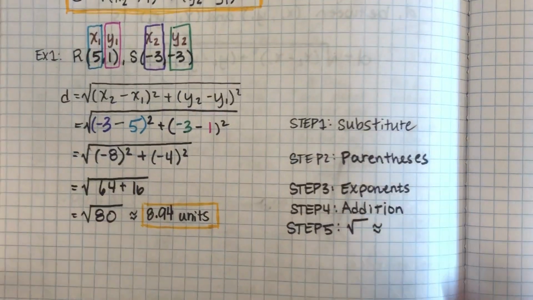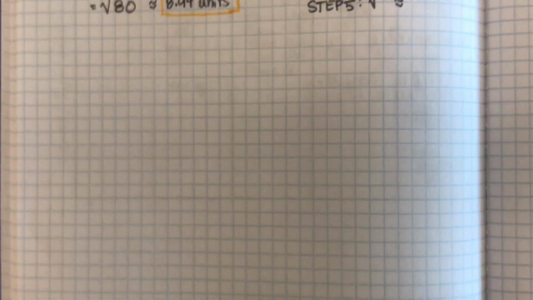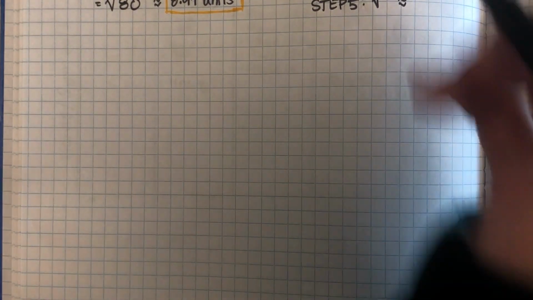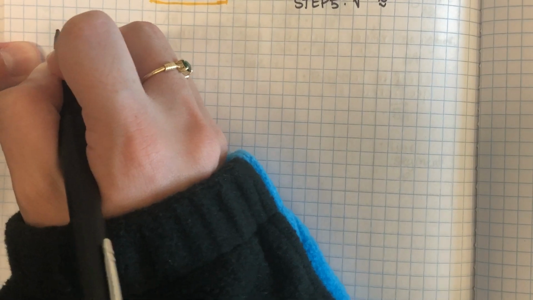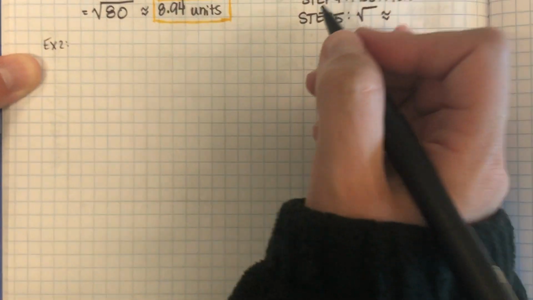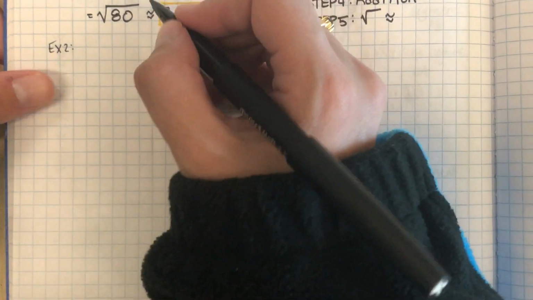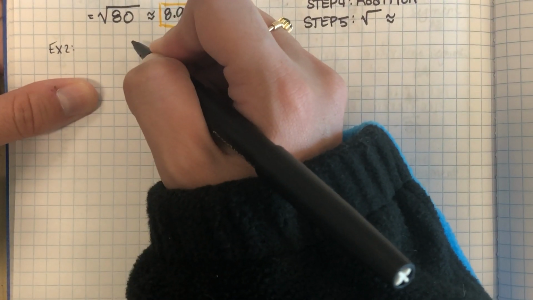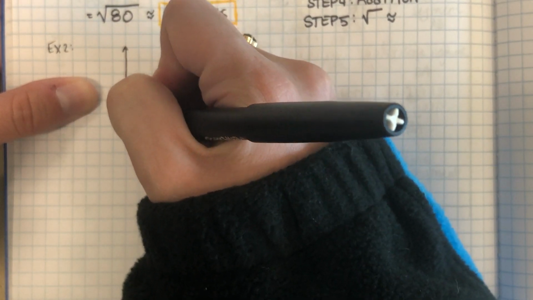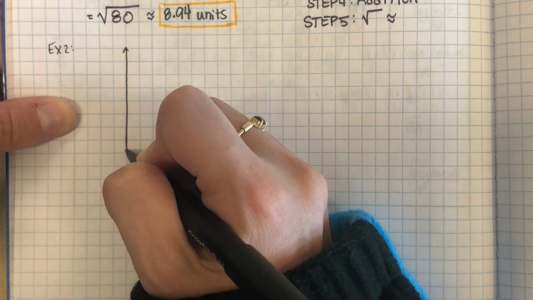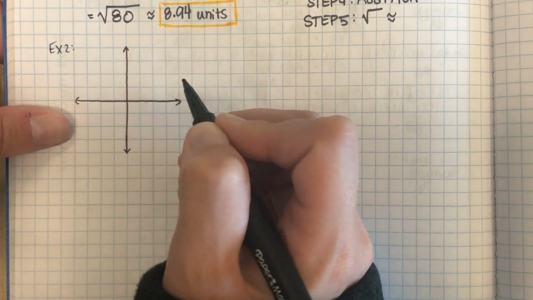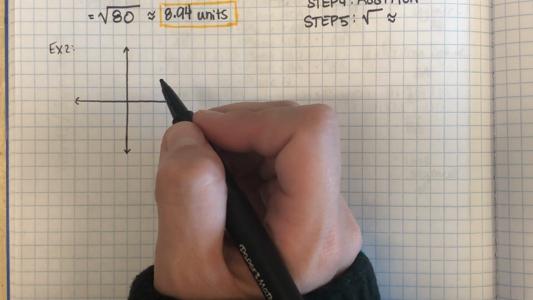All right, let's do one more example here. For this example, you might see something where you have the coordinate points in a plane. So we might have a coordinate plane here. And then it might tell us this in our line.